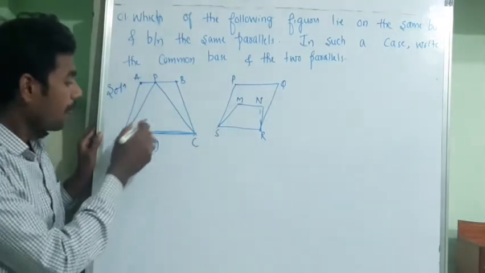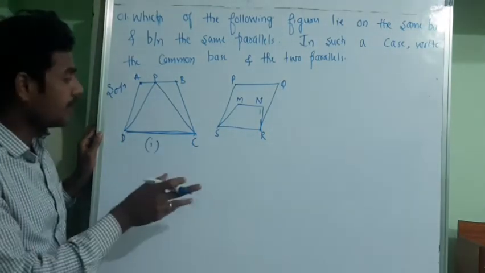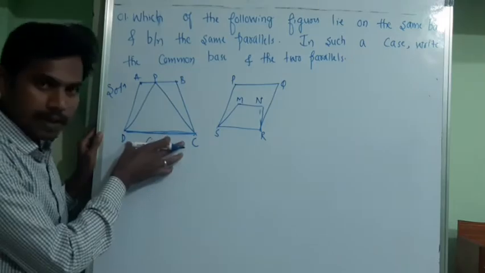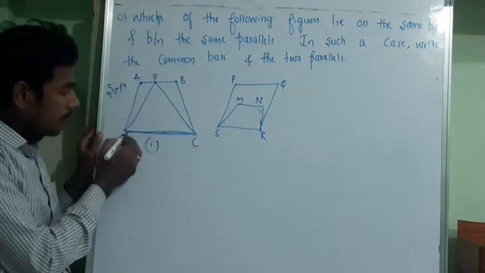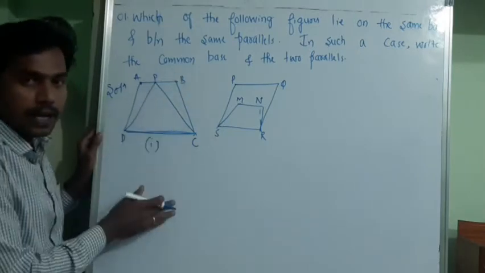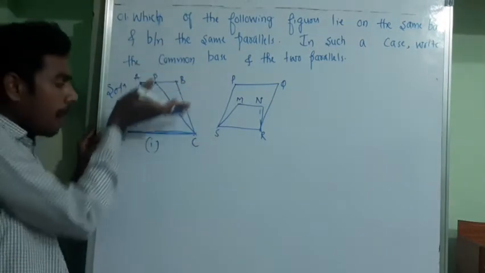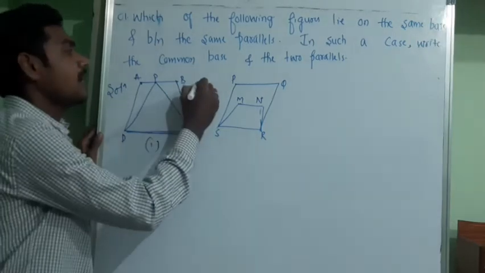So the condition is satisfied. What is that condition? They should have a common base, and the vertices opposite to the base DC, that is A, P, B, should lie on a line parallel to DC. Yes, this satisfies the condition.